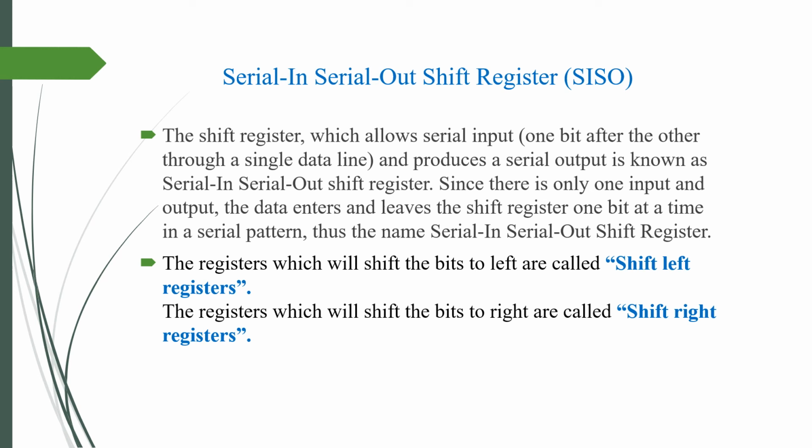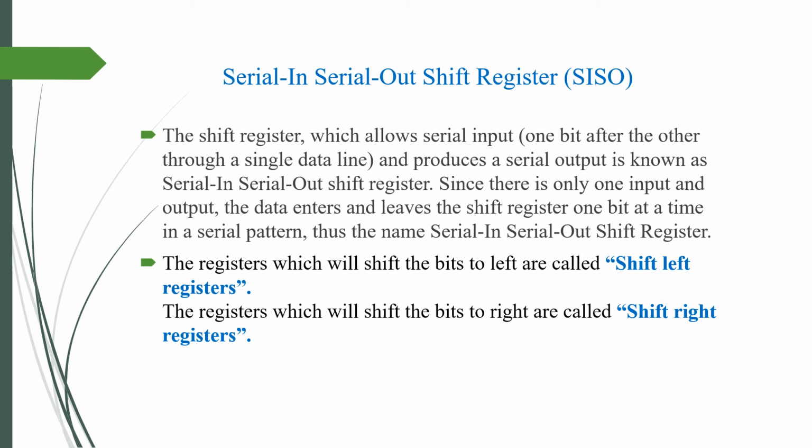The shift register which allows serial input and produces a serial output is known as a serial in serial out (SISO) shift register. Since there is only one input and one output, the data enters and leaves the shift register one bit at a time in a serial pattern. Therefore, it is known as a serial in serial out shift register.